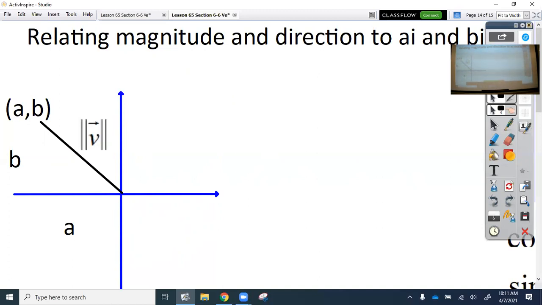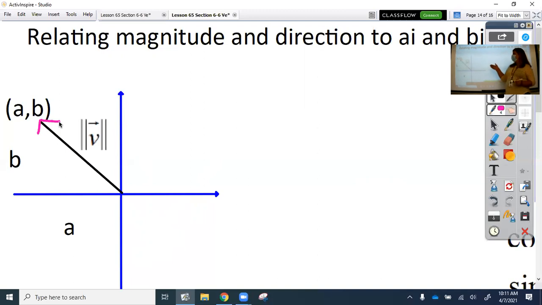All right, so I have a picture over there of my vector. That is my vector V. It goes to some point (a, b).